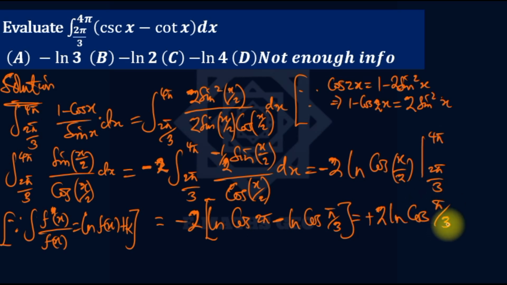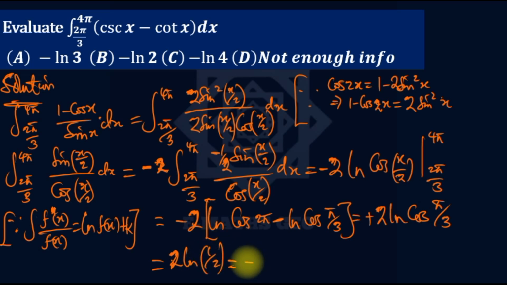I know cos pi over 3 is half. So we are left with minus 2 ln half, and this is ln 1 minus ln 2. Ln 1 is 0.